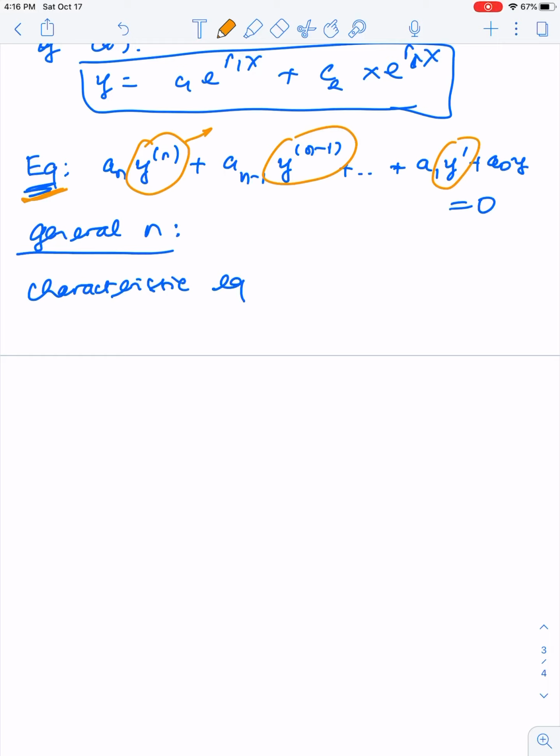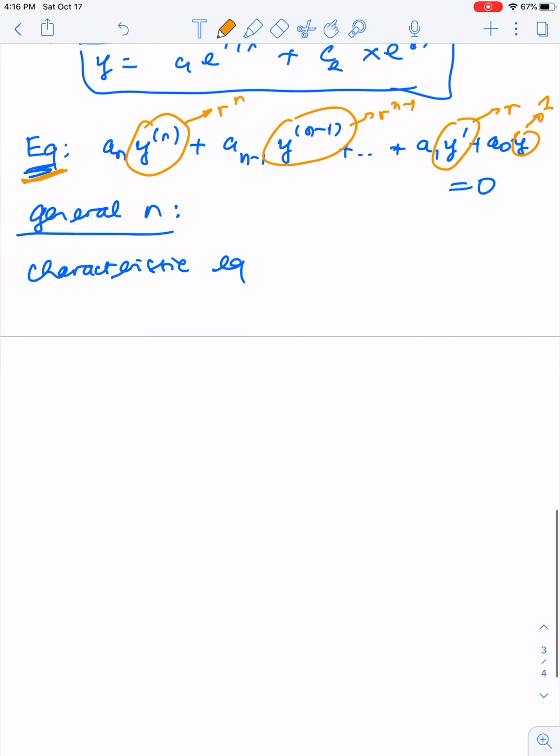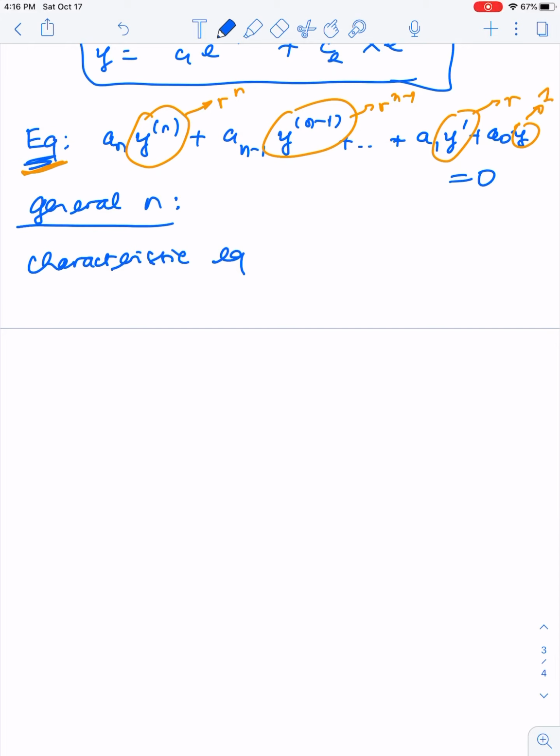So this one is replaced by r to the power n, r to the n minus 1, and this r, and this one just by 1, right? Then the characteristic equation is just the following equation: a_n r^n plus a_(n-1) r^(n-1) plus and so on, a_1 r plus a_0 equals 0.